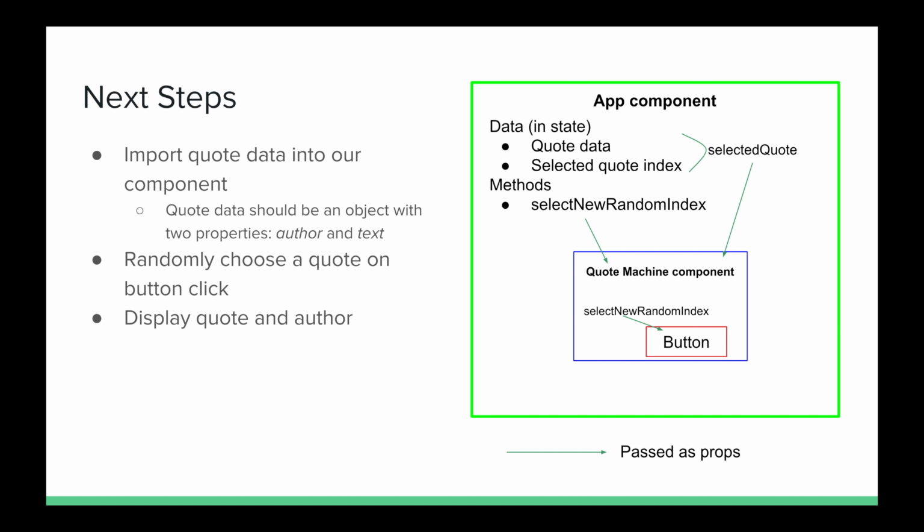We're drilling down a prop into a few components until it reaches its destination component. So we'll be using prop drilling here to drill the select new random index method as a click handler to the button component. And the button will be able to click it, select a new random index in our app component, which will pass down a new selected quote to our quote machine component and render it out.